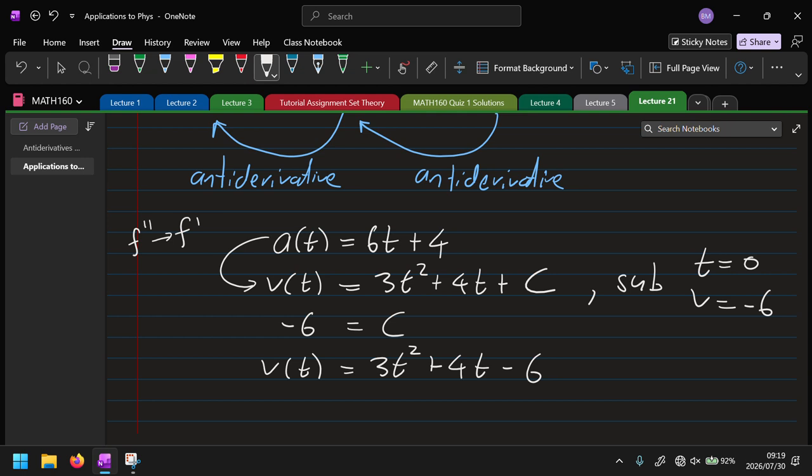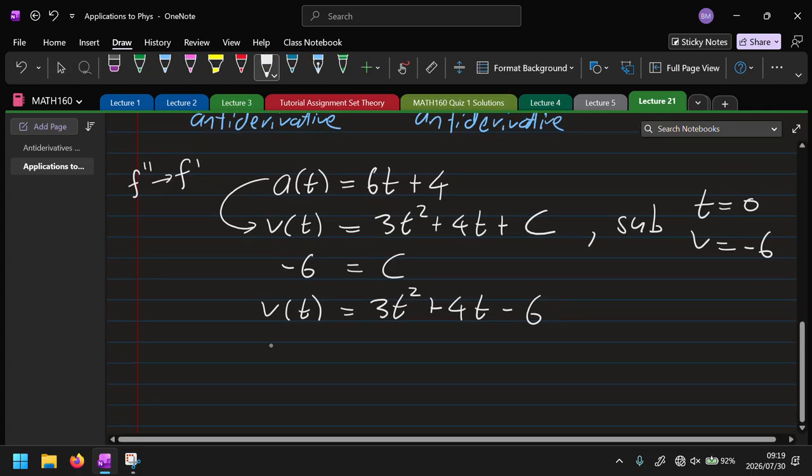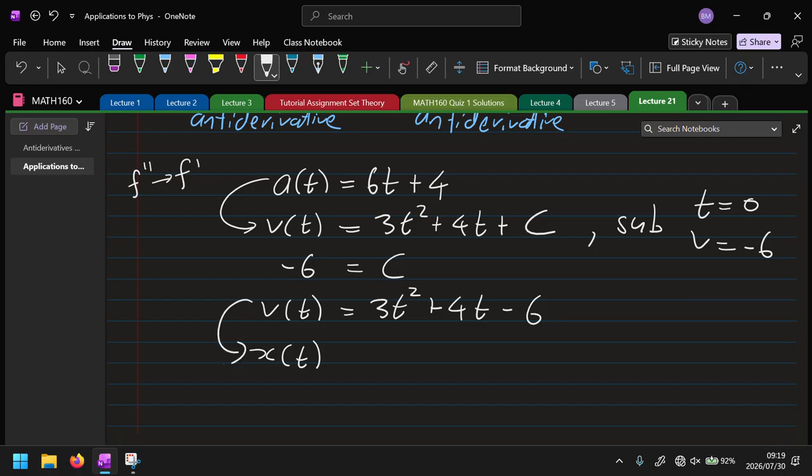Now we need to do the antiderivative one more time, and that will give us the position. You can think of this step as going from f prime to f. You can see the two steps we did on the left there.